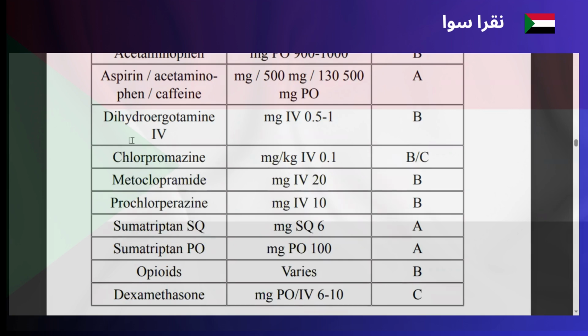Chlorpromazine IV 0.1 milligram. Metoclopramide IV 20 milligram. Prochlorperazine 10 milligram IV. Sumatriptan subcutaneous 6 milligram. Sumatriptan per oral 100 milligram. Opioids vary. Dexamethasone per oral or IV 6 to 10 milligram.